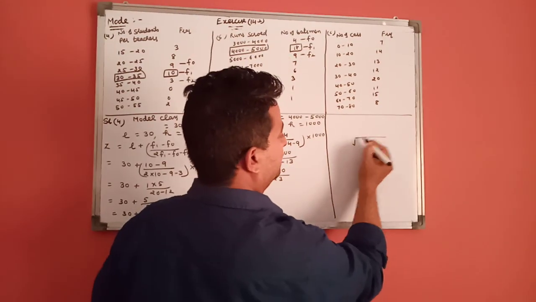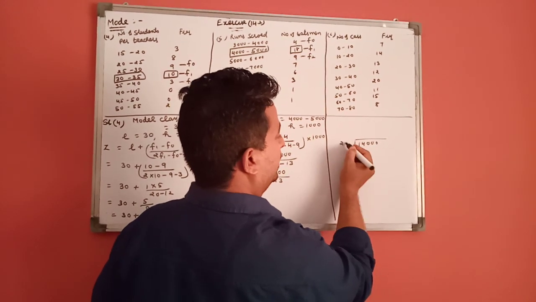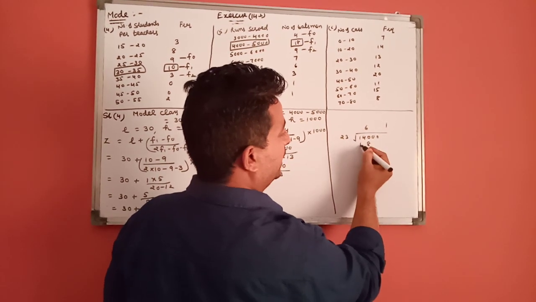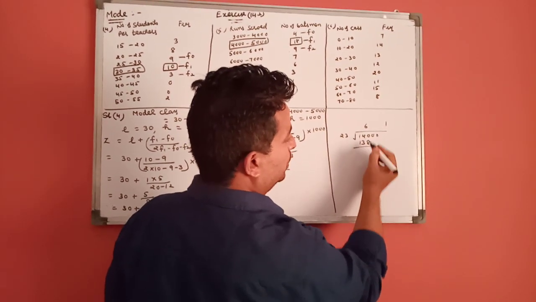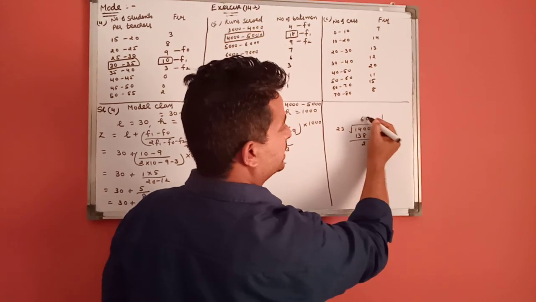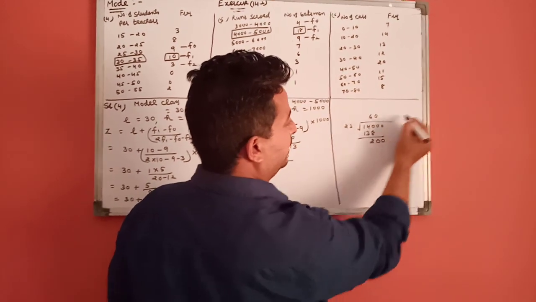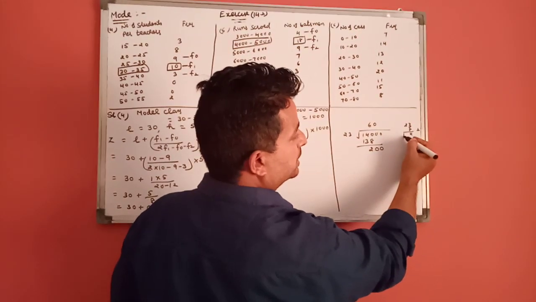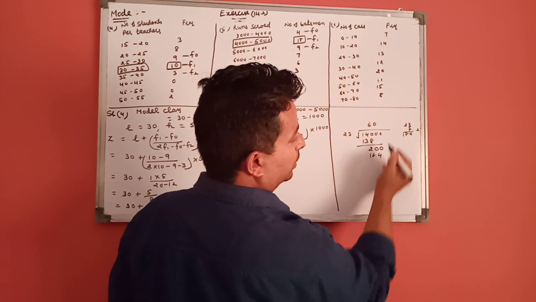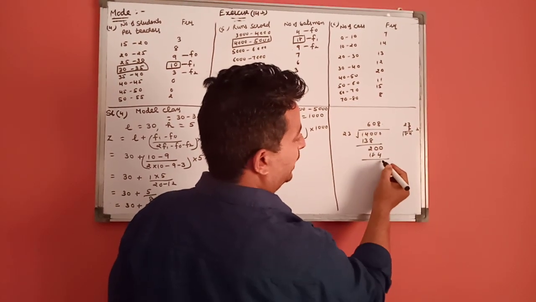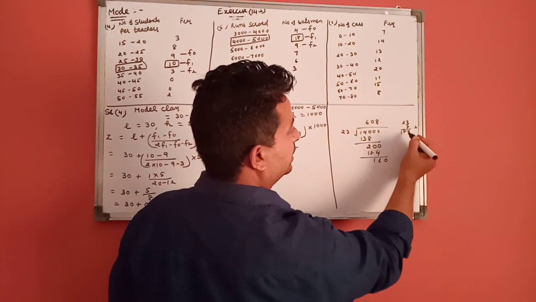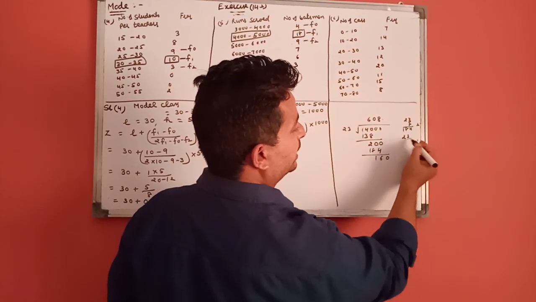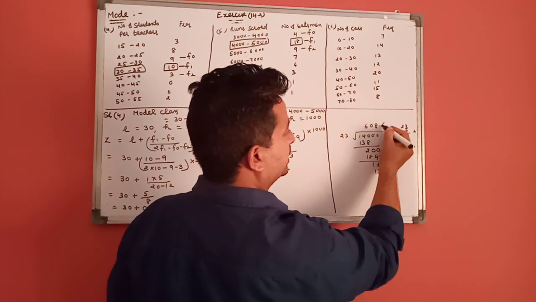When we divide 14,000 by 23, we get 608.6.